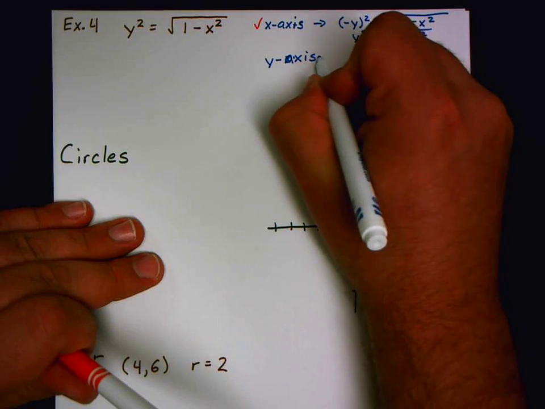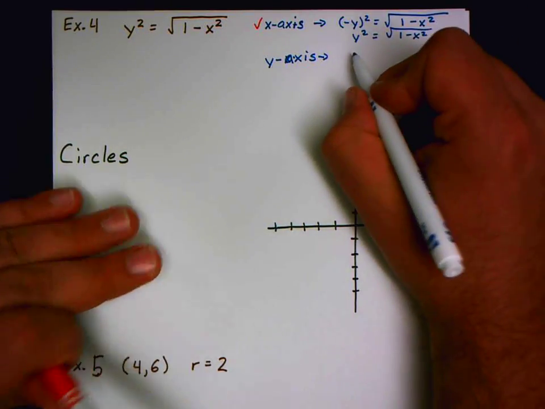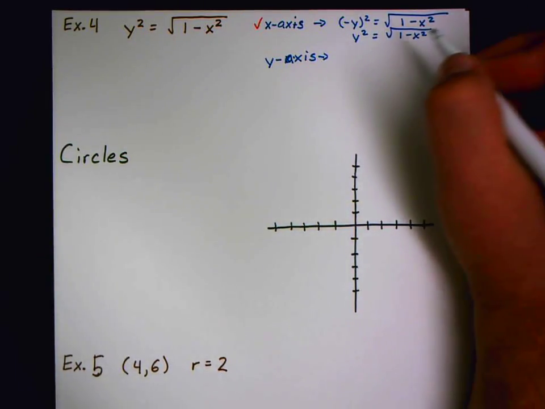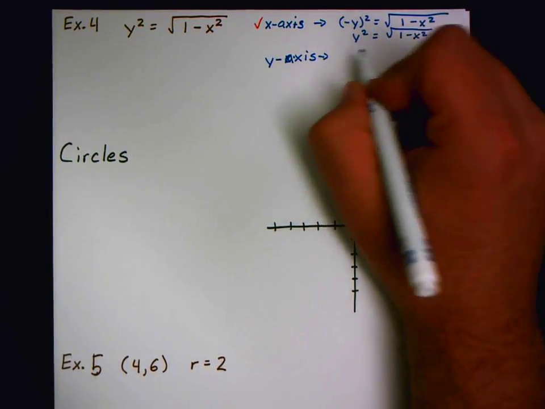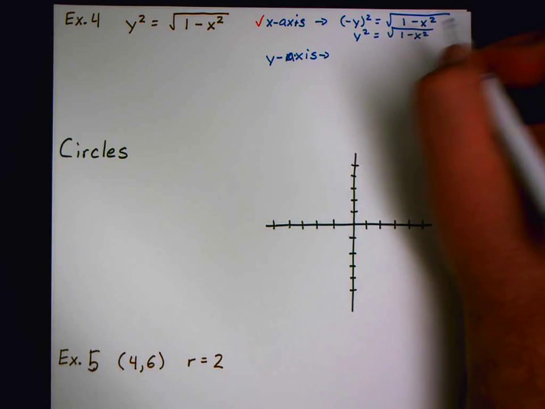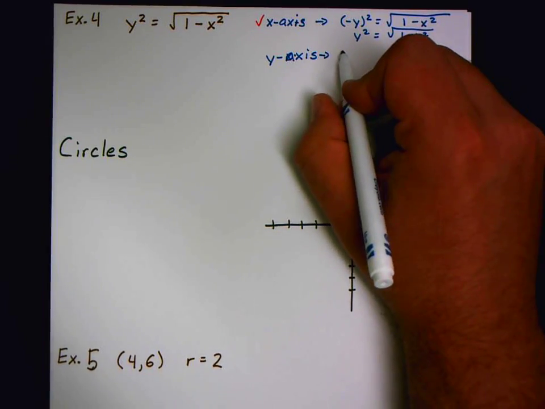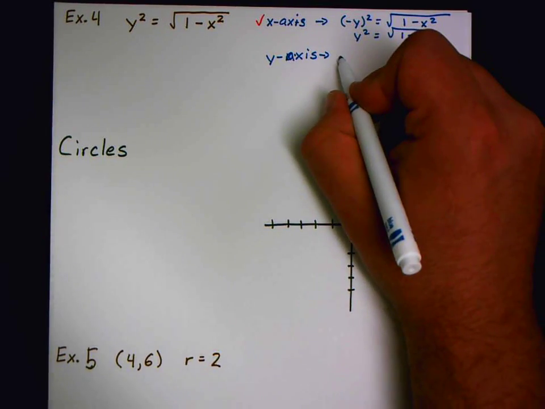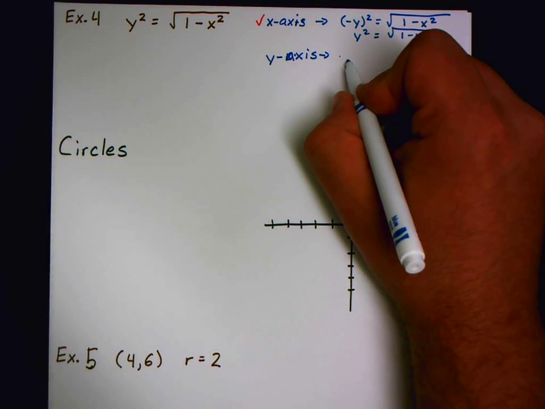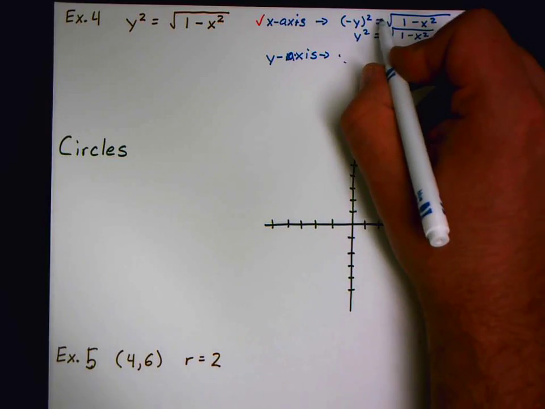Now, the other thing you have to be careful of is some people get in the habit of saying, oh, well, it has a y squared, so it's going to automatically work. Be careful of that too, because just because it has vertical symmetry or horizontal symmetry does not mean that it will have x-axis symmetry. Because if I put just a plus y in here, then it doesn't work anymore.